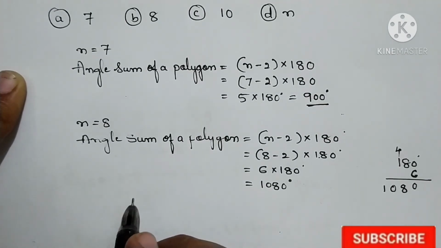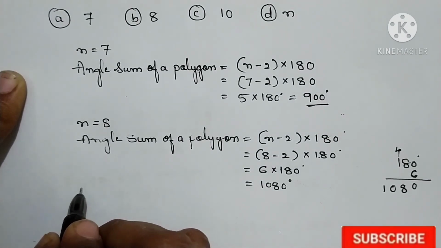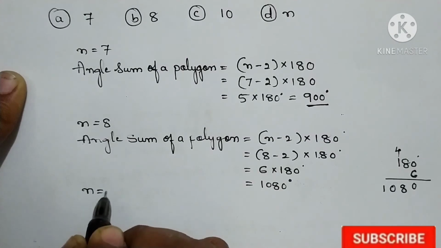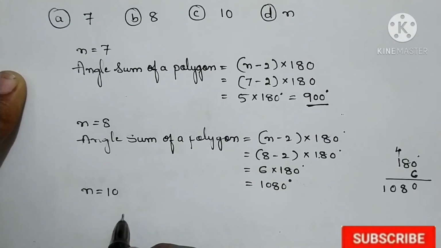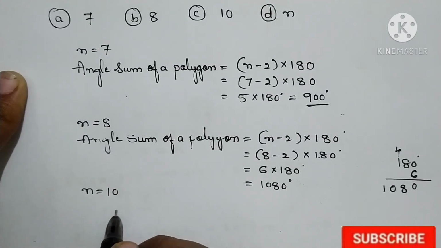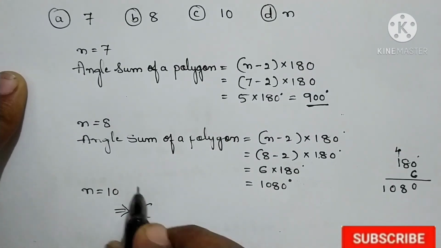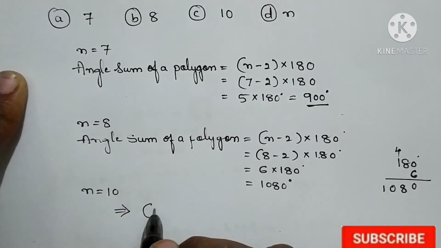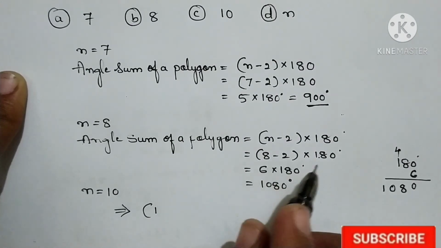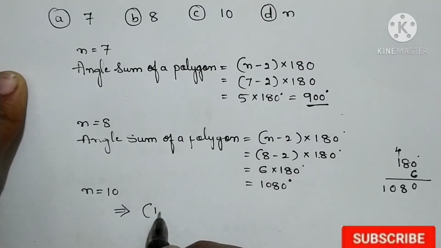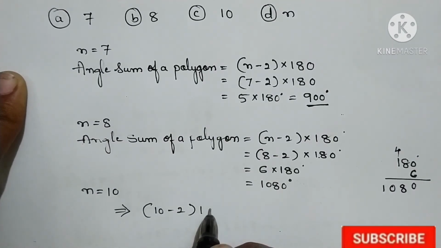Next one. So if n is equal to 10, the same formula you can take here. That implies the angle sum of a polygon is n minus 2 into 180 degrees. That means here, what n value should we take? 10 minus 2 into 180 degrees.